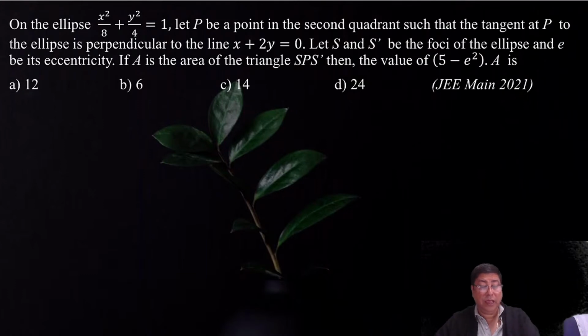Let S and S dash be the foci of the ellipse and e be the eccentricity. If A is the area of the triangle SPS dash, then find the value of this. How to solve this? First of all, let us draw one diagram.